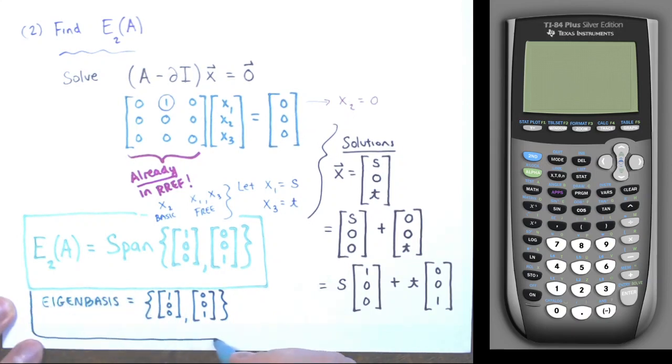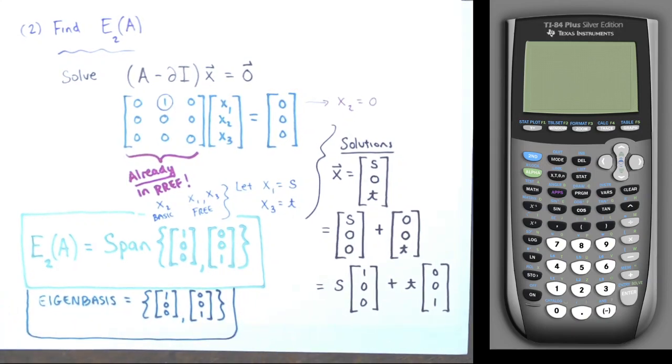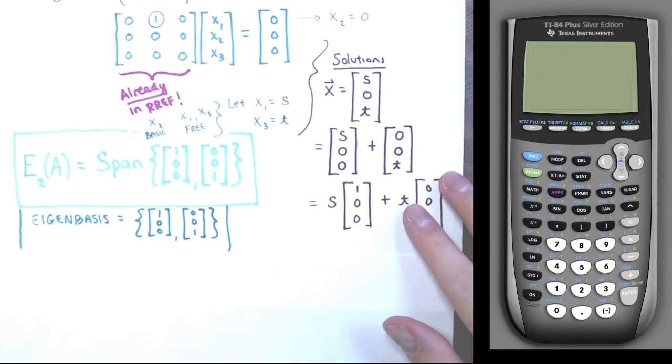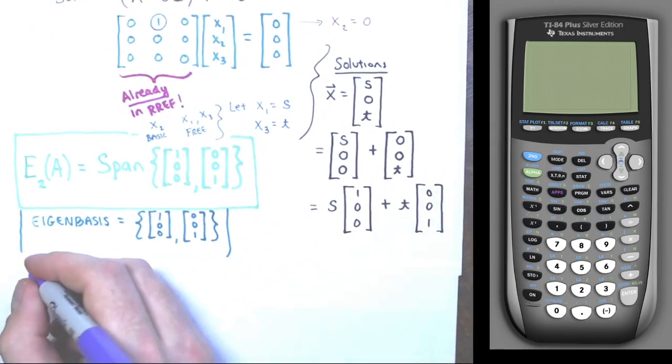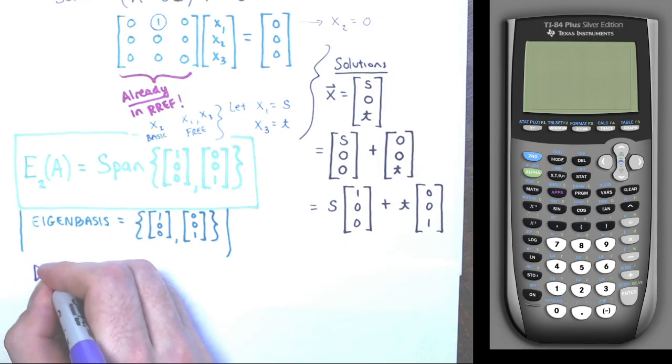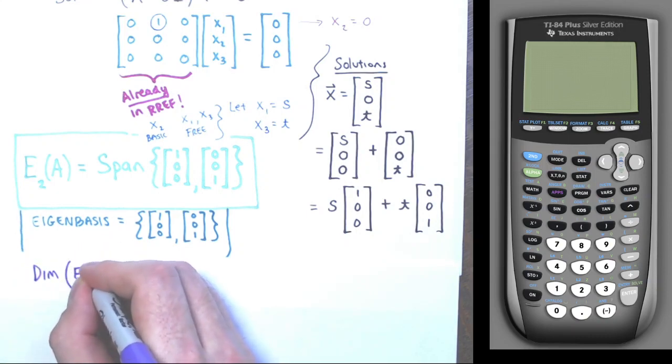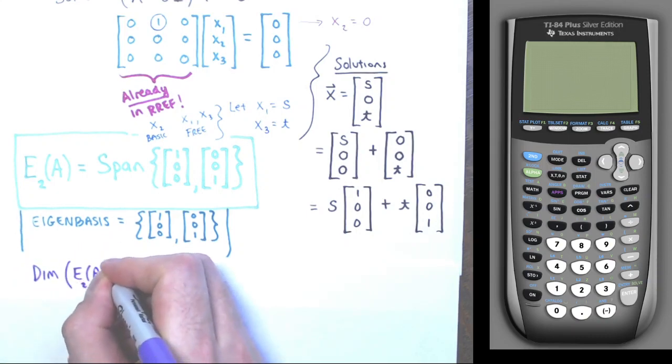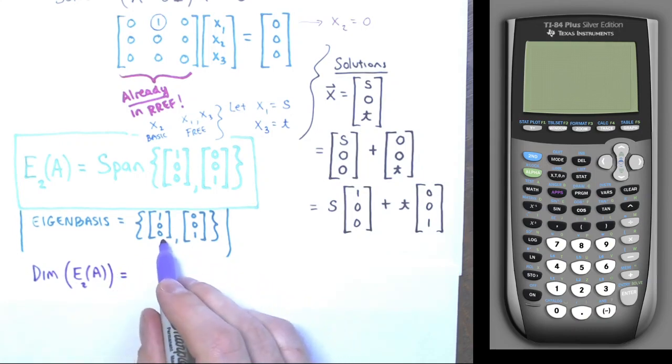Cool, alright. And now that I have this eigenbasis stated, I very easily now see the geometric multiplicity of this eigenvalue of 2, and that's 2, right? The dimension of the eigenspace that we're looking at there corresponding to 2 is 2.